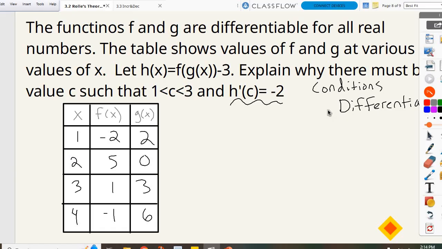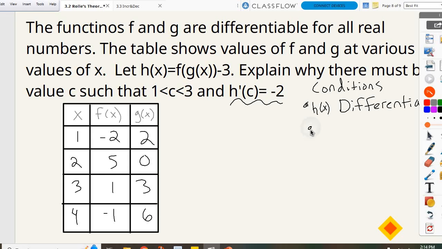Yes? If I composite two things that are differentiable, will that also be differentiable? Yeah. So, h of x is differentiable. What's the other requirement? Does it give us any information about that? It was differentiable. It has to be continuous.